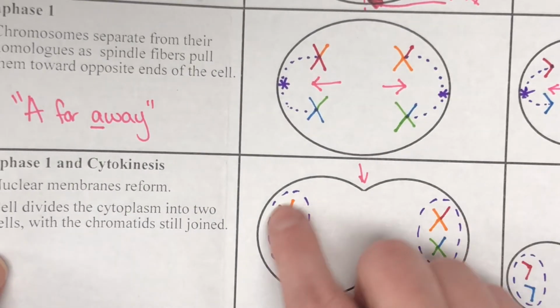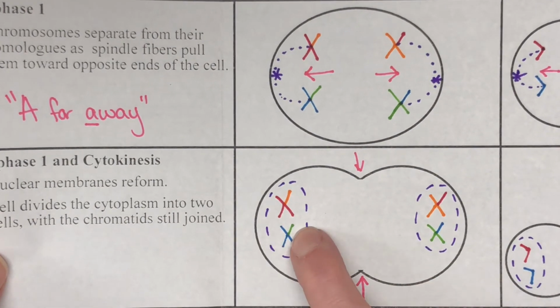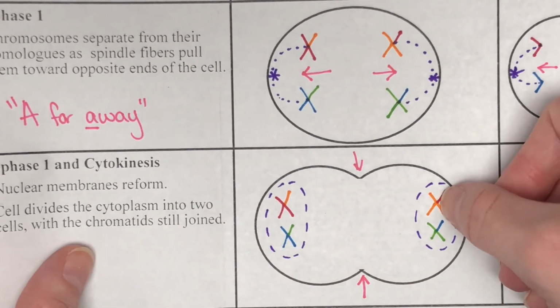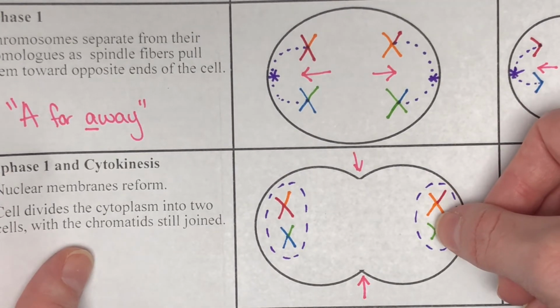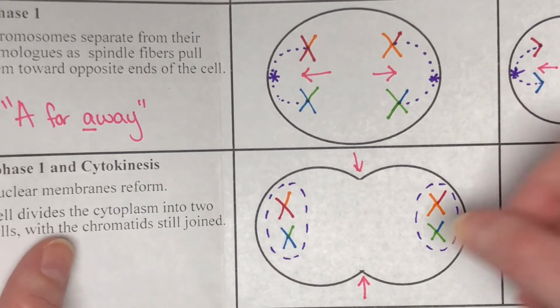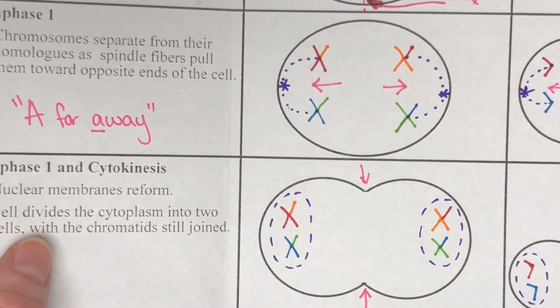Okay, but mostly red, only a little bit of orange, mostly blue, only a little bit of green. Red and orange, green, blue and green. So not full red, full orange, full blue, full green.